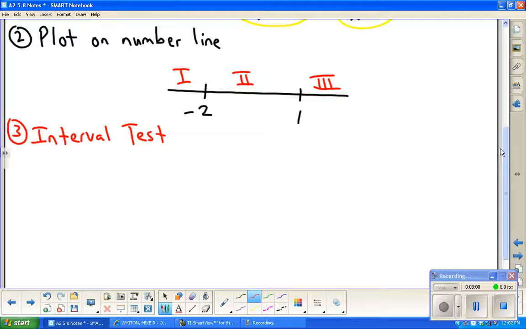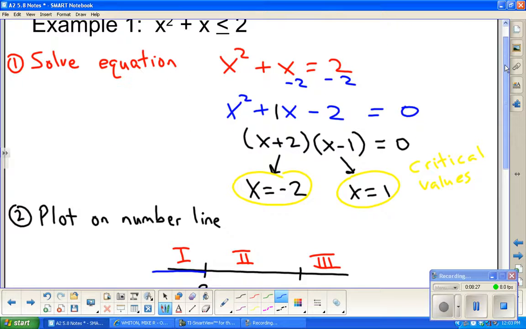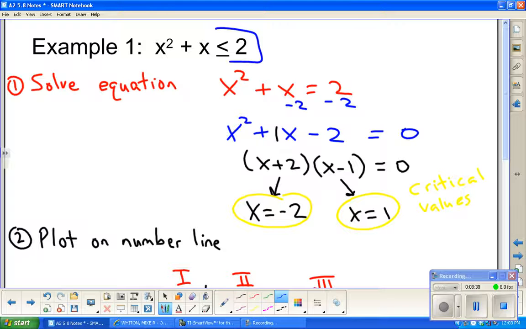So if we want to pick something from interval 1, what would be something nice to test? Any number less than -2 we can try. So just pick something kind of small. Use like -3, but you can use any number you want that's in that interval. So if I put -3 in, I want to go into the original problem up here and see if it's true or not if x is -3.